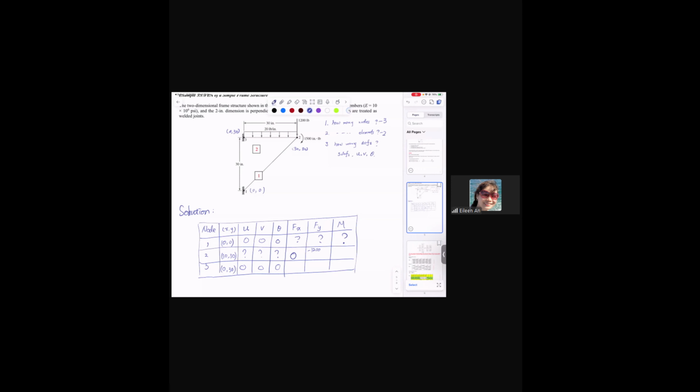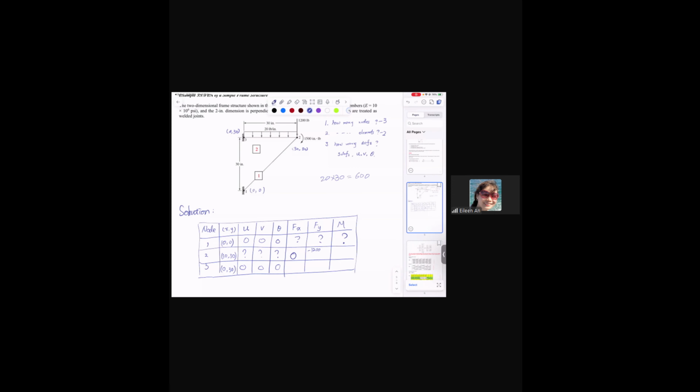Half of it, right? Okay, so the total distributed load is 20 pounds per inch multiplied by 30 inches, then divided by 2, right? 20 times 30, divided by 2.